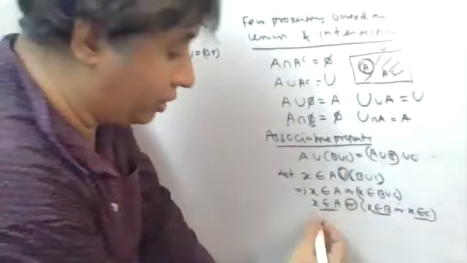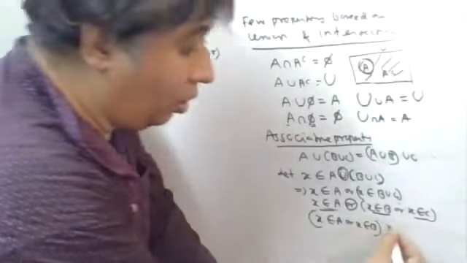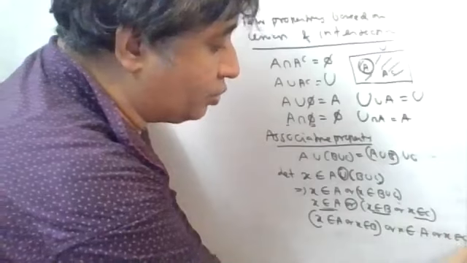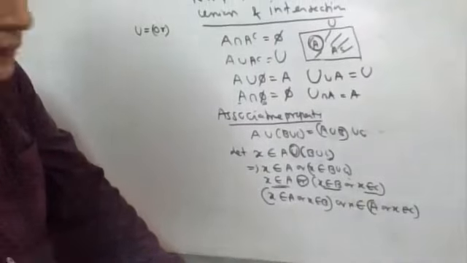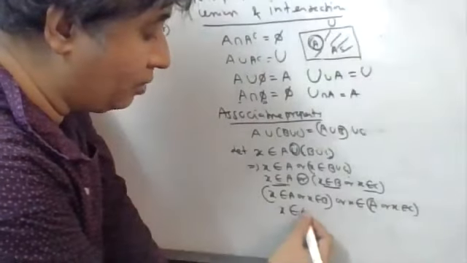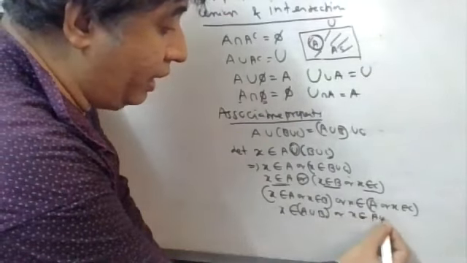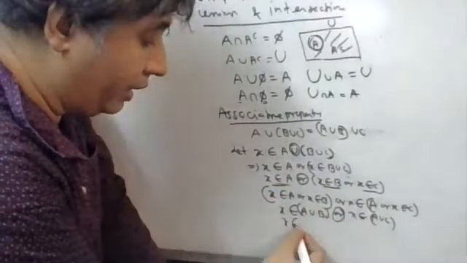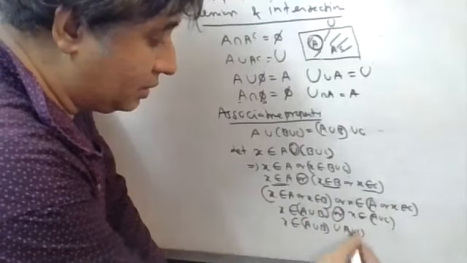X belongs to A or X belongs to B, or X belongs to A or X belongs to C. That will give you X belongs to A union B or X belongs to A union C. But still that or will play the role: X belongs to A union B union A union C.